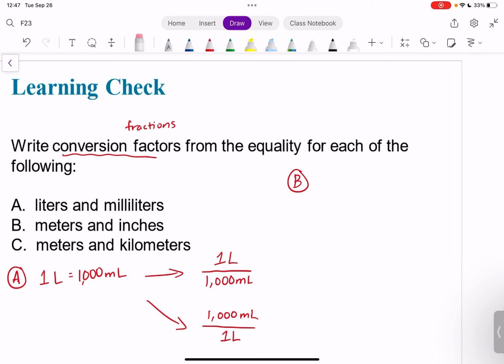You don't need to memorize it. What you do need to memorize, and what we just did ourselves, was the relationship between different metric units, right? How many milliliters are in a liter? How do I use those prefixes to increase or decrease the size of my base unit? But you don't need to know this relationship off the top of your head, okay? That we can look up or I will give you in a question.